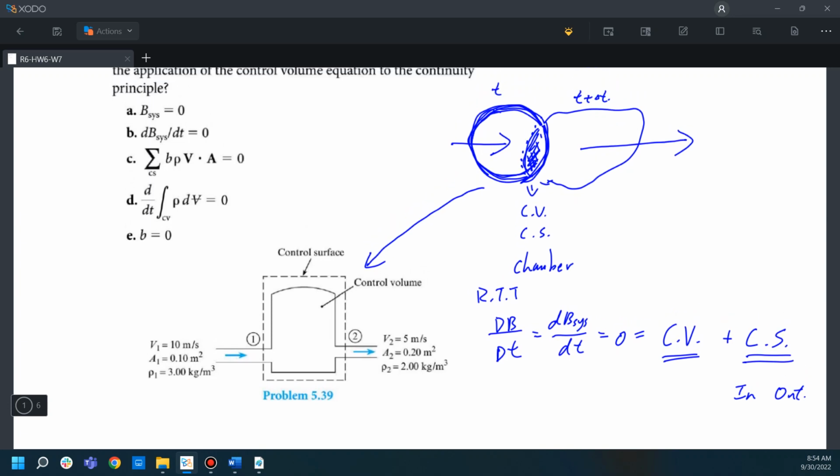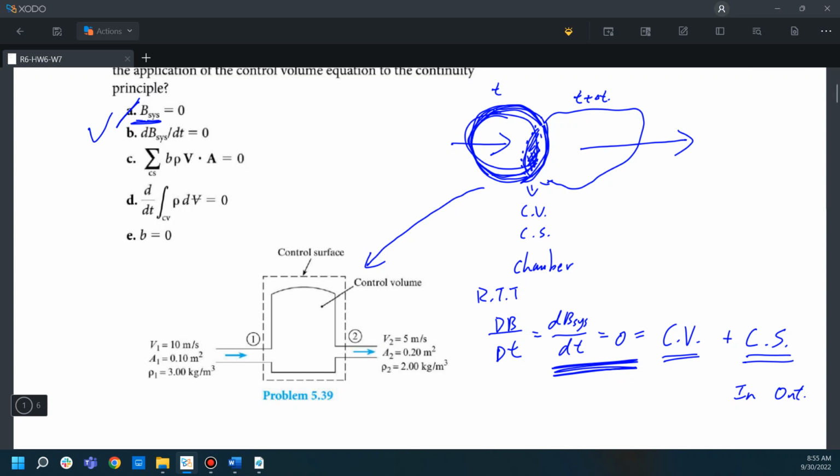So what we know here is that the system is not 0, because we do have our closed system in this boundary. I just analog this diagram into this figure. But yeah, we do have a closed system here. So A option is not correct. B, we say that this closed system will not change with respect to time, and that is correct, and that is what RTT theorem tells us here. So B is correct.